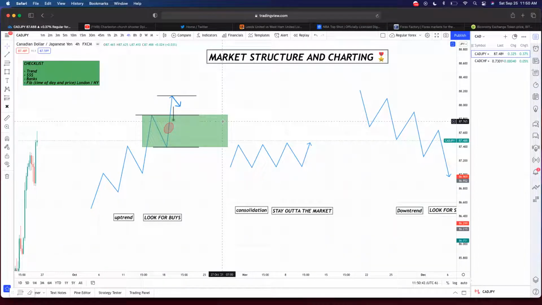If he tells you to wait for a break and close of price above structure, would this be confirmed? Drop a 2 in the chat if you think this is a break and close. Drop a 3 if you don't think it's a break and close of structure.